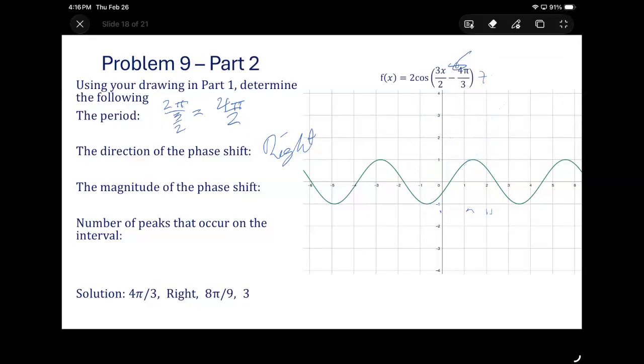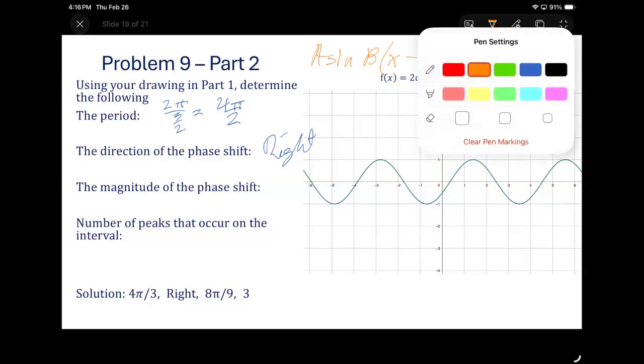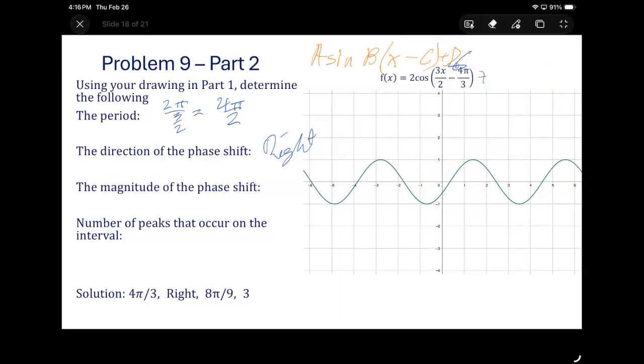We're both filling in for this, so we're going on an adventure. So what was the actual equation they have on you? So a sine bx minus c plus d. Is the b factored out, like I wrote it earlier? No. It's in the parentheses, and it's the same equation for cosine as well.